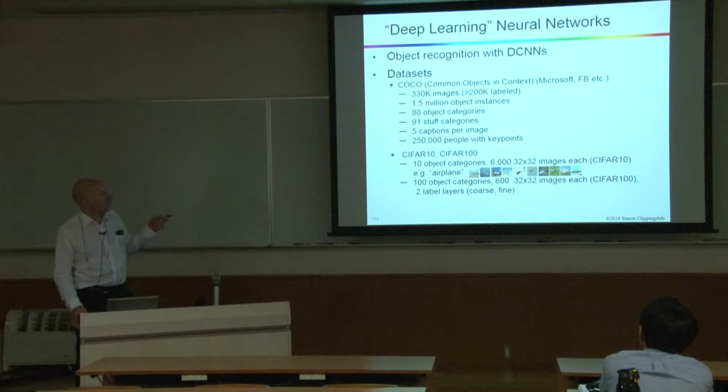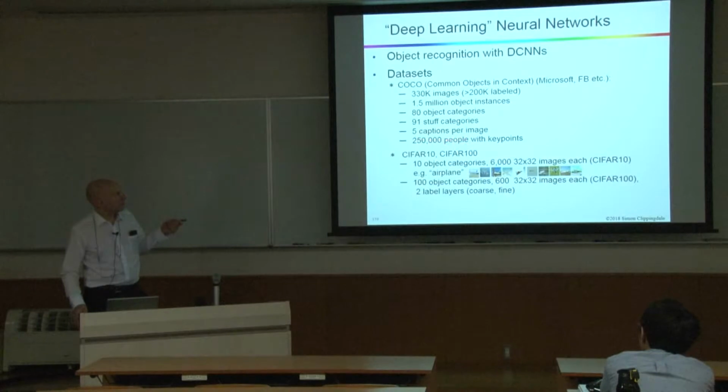There are about 1.5 million object instances within those. Objects from about 80 categories and general other stuff. Well, I'm not exactly sure what that means, but there are 91 further categories of stuff that aren't actually physical objects. Something like 5 captions maximum per image. And there are also some of people in there with key points annotated.